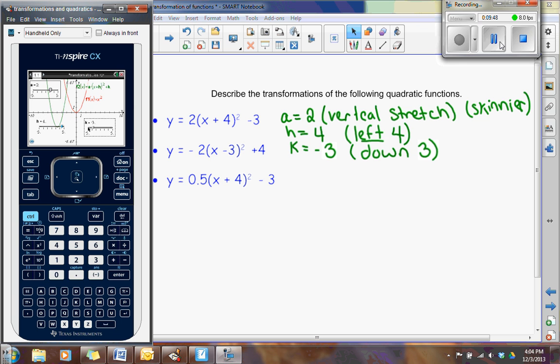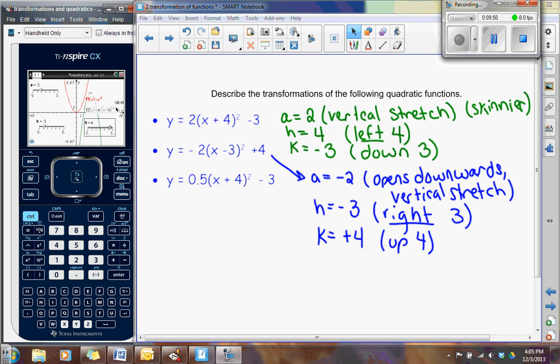Okay, next example, we've got a is -2, so we can see our function opens downward. It's a reflection over the x-axis, and the 2 part of it, the quantity 2, means we have a vertical stretch. So our function is skinnier than y equals x squared. h equals -3, so our function moved right 3.